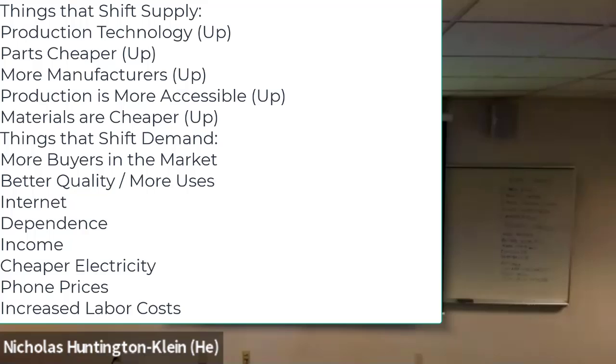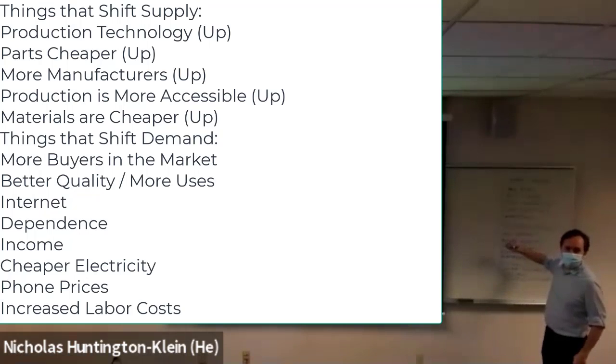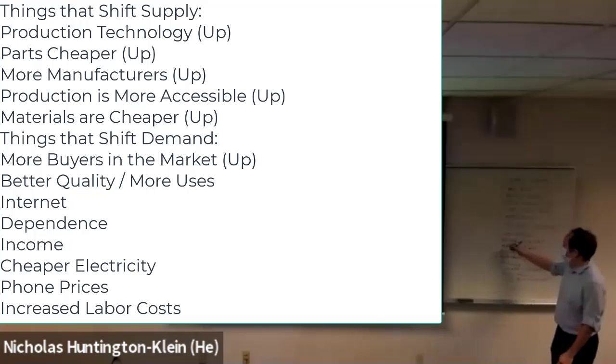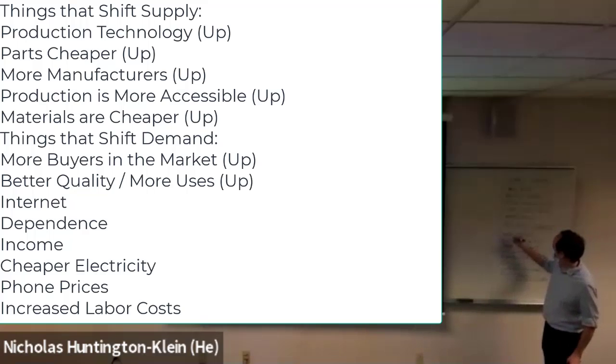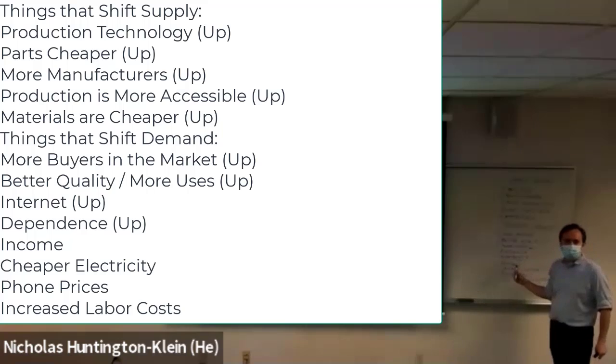All right, so let's figure out what these things are going to do to demand. A lot of these are pretty straightforward. More buyers: demand goes up or down? Better quality. More uses. Internet. Dependence. Income goes up.